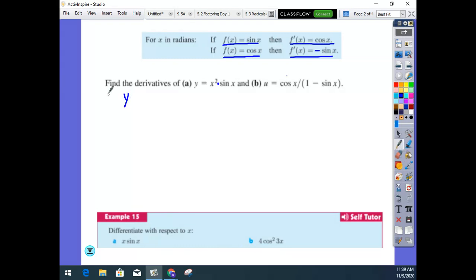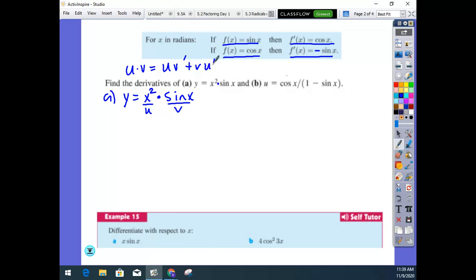So in letter A, y equals x squared times sine of x. x squared is the u, sine is the v. Remember, the derivative of u times v is u v prime plus v u prime.